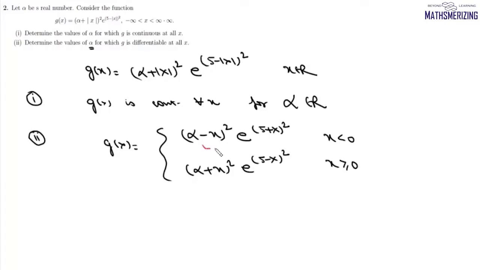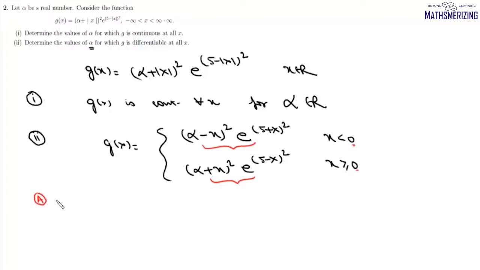Now this first part, function is continuous and differentiable, and the second part also, this function is continuous and differentiable. Now there is a definition change at 0. So we just have to check differentiability of this function at x equals 0. Now what we'll do is, we'll find g dash x when x is less than 0.